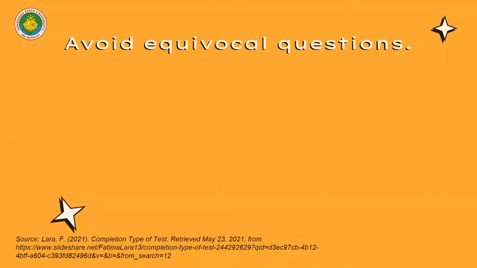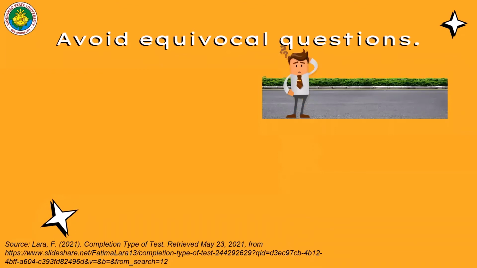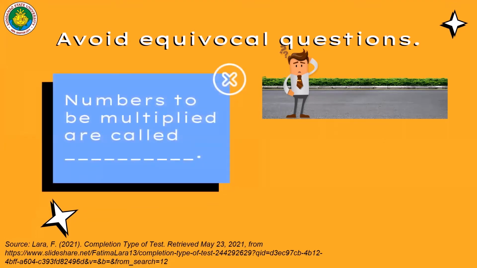So let's proceed with the third guideline, which is to avoid equivocal questions. So equivocal question admits two or more interpretations. It is difficult to understand, interpret, or explain because often it has aspects that seem to contradict each other. So for example, we have an equivocal question here.